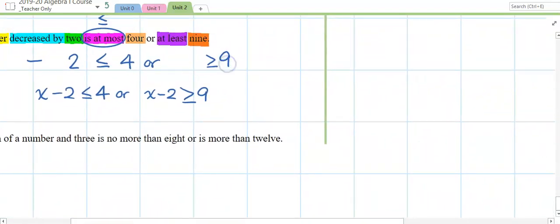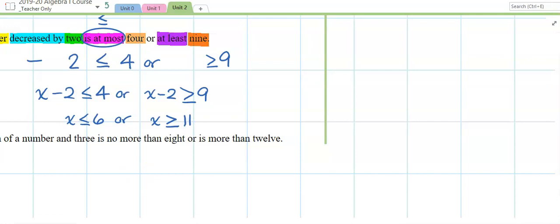Now we're ready to solve. When I solve the inequality on the left, I have x is less than or equal to 6. When I solve the inequality on the right by adding 2, I have x is greater than or equal to 11.